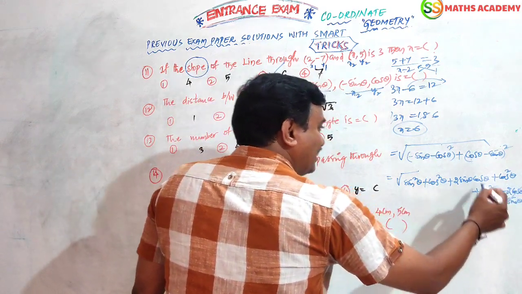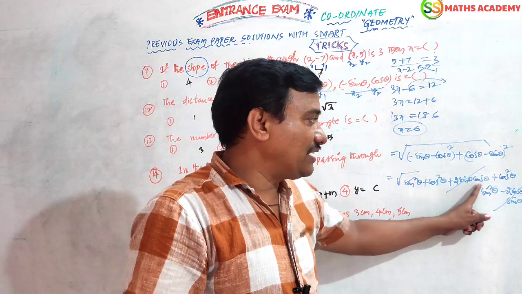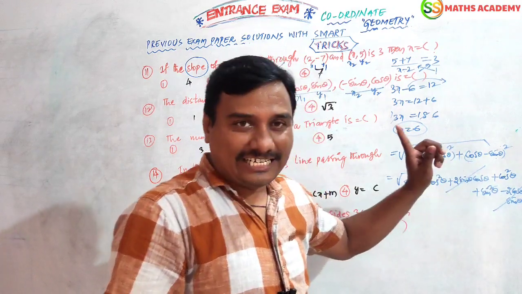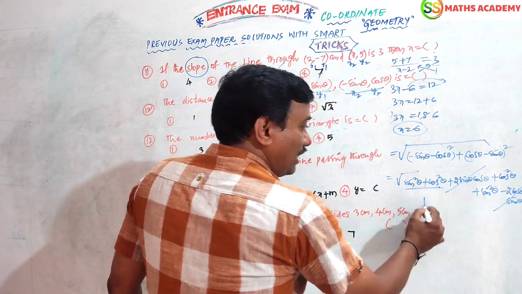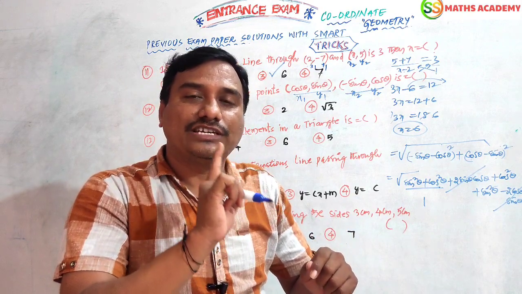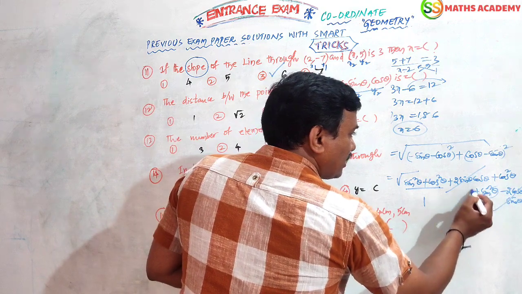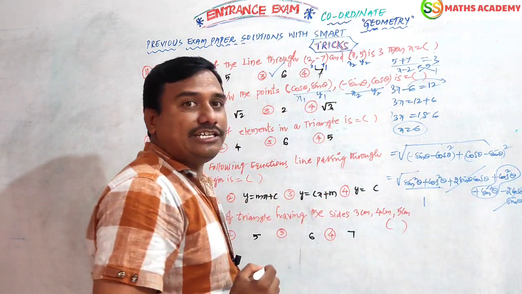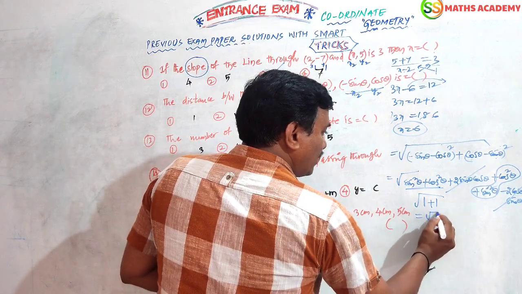Minus 2 cos theta sin theta and plus 2 sin theta cos theta get cancelled. Here what are the values? Sin square theta plus cos square theta, value 1. According to the first trigonometric identity, sin square theta plus cos square theta value is 1. Here also this term, sin square theta plus cos square theta, value 1. So root 1 plus root 1, root 2.